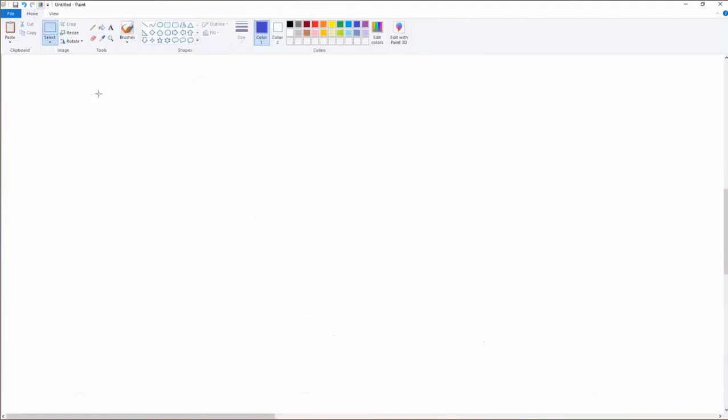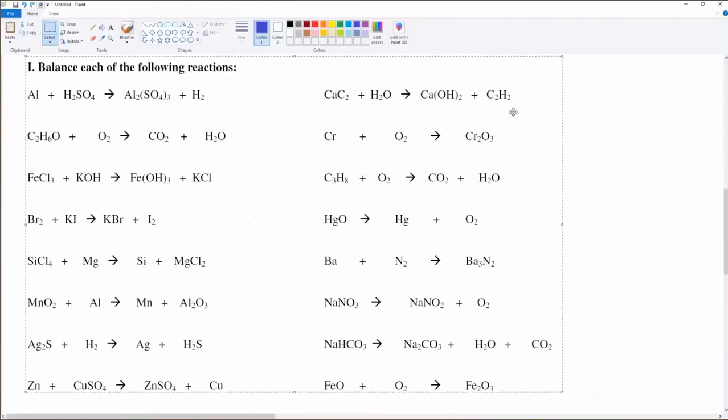Oh, that's terrible. I can't do that. Move it over. Okay. With aluminum and sulfuric acid makes aluminum sulfate plus hydrogen. And I'll let you guys tell me what kind of a strategy should we use to balance this.